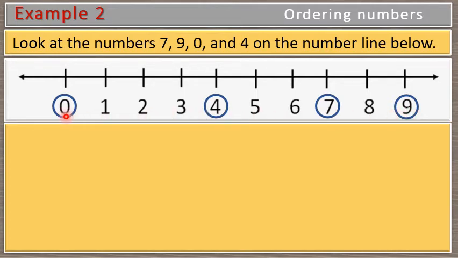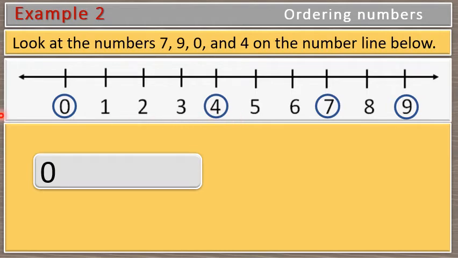Therefore, just by looking at the numbers marked on the number line, we can write the numbers in increasing or ascending order. Let us write down the numbers as they appear on the number line.